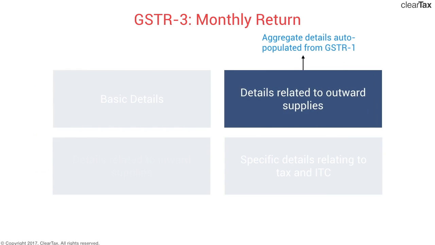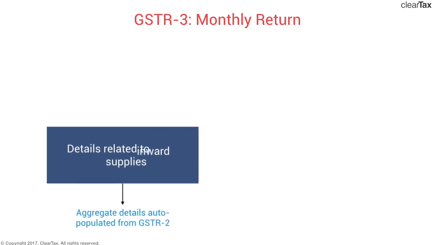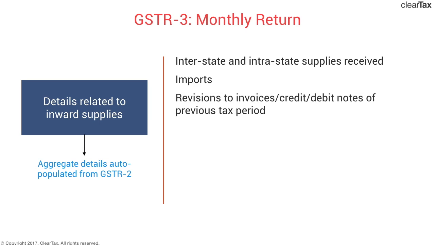Next, the details of inward supply. As you can guess, these are auto-populated from GSTR-2. The details captured are interstate and intrastate supplies received, imports, revisions, same as the case with outward supply. Additionally, your total tax liability on reverse charge on inward supplies which attract reverse charge will also be captured.